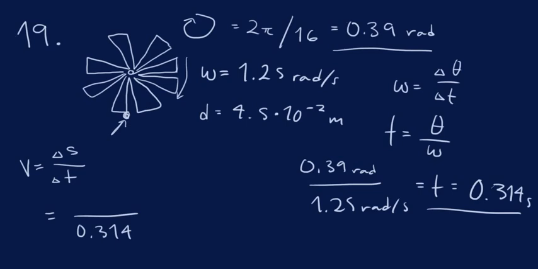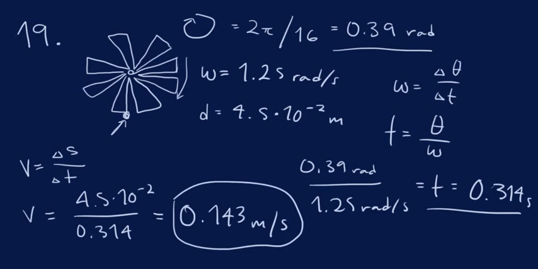So that's 4.5 times 10 to the negative 2, and that will give us our velocity, which comes out to be 0.143 meters per second. Guess what, kiddos? I think we're halfway there. Next one is number 20.